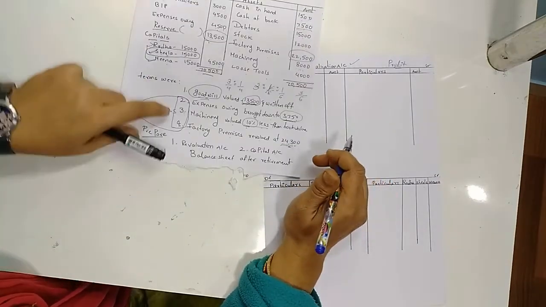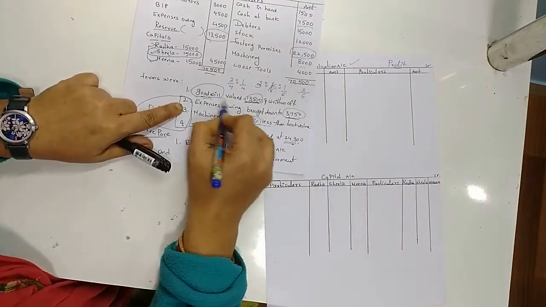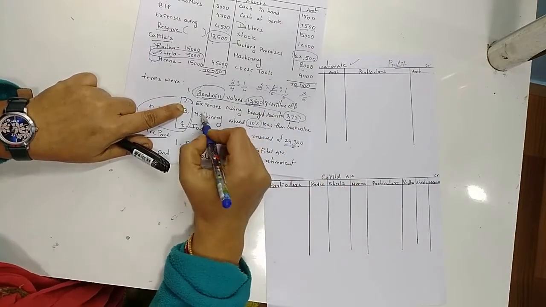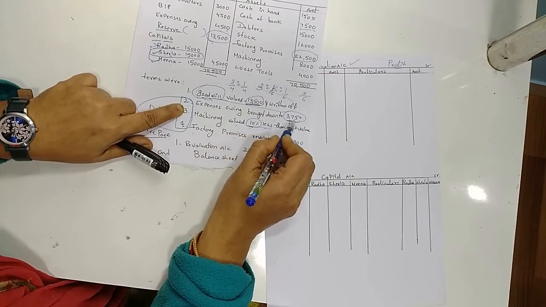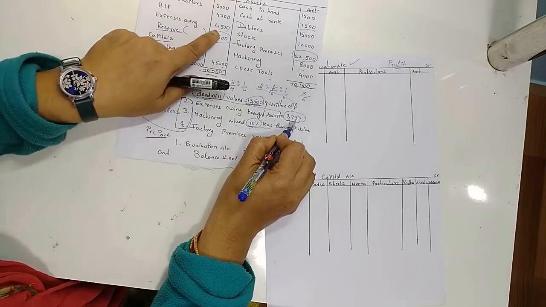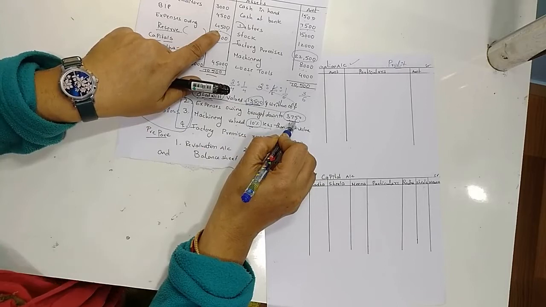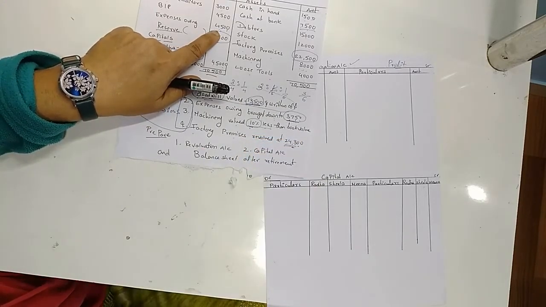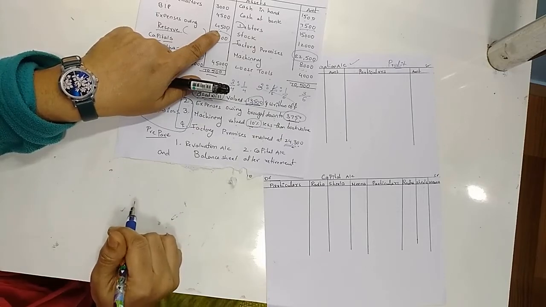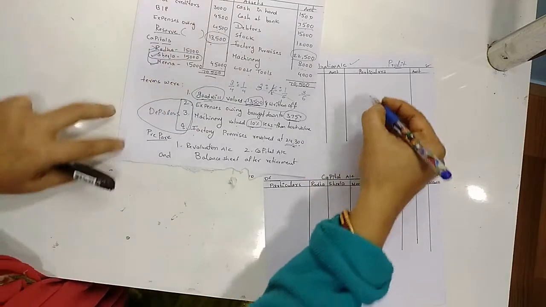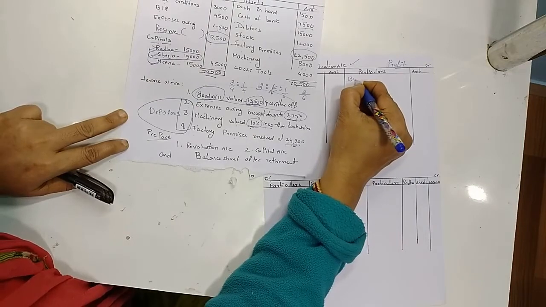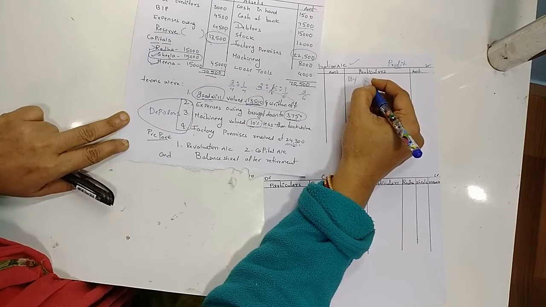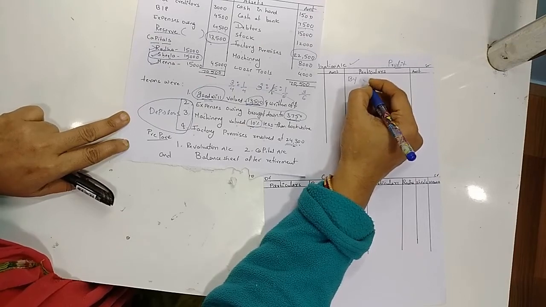Let's go from the second adjustment, because this goodwill is related to the capital account. No need to consider it here. Expenses owing brought down to 3,750. How much expenses did you have earlier in the balance sheet? 4,500. Now it reduced to 3,750. So what is the difference here? How much did you gain? 750. Because expenses reduced, your liability side amount reduced, so you got profit here.